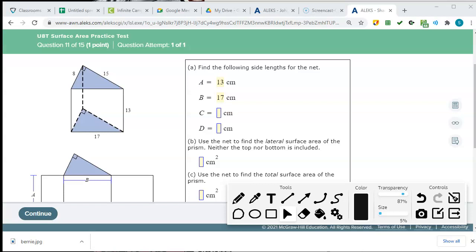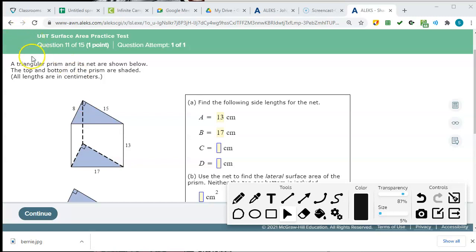Okay, person who just raised their hand, feel free to turn on your microphone and ask your question. So, if it says a prism, then yes, they're always the same size. So prism tells you that the bottom and top have to be the same, and that is a great question. If you see that word prism, things that are opposite are the same.